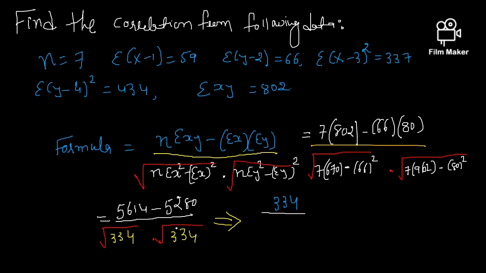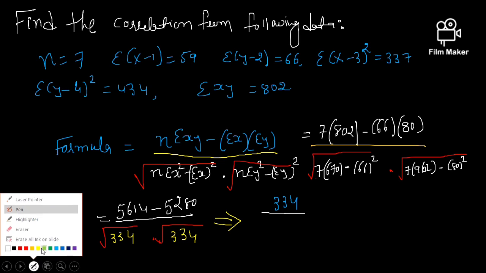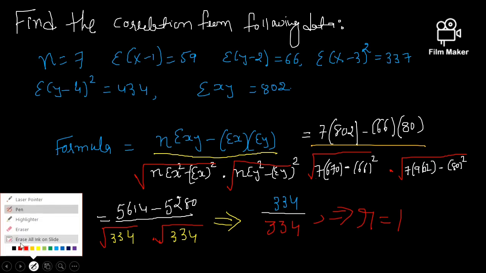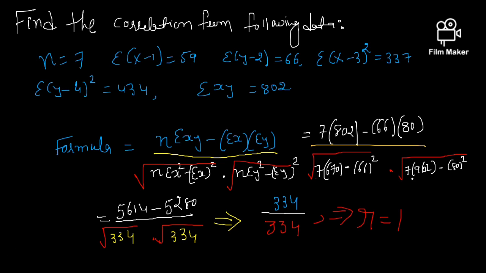So 334 divided by 334. So R, that is Karl Pearson correlation, is 1, which is called positive 1. And if you want to interpret, it is a perfect positive correlation between variable x and variable y, because R is positive 1.